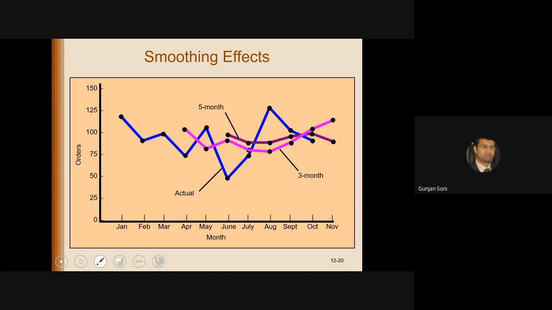Now, can you tell me which of the two curves is smoother? The smoother curves have a practical implication, I will talk about that. So which of the two curves is smoother, purple or the pink one? Give your answer.